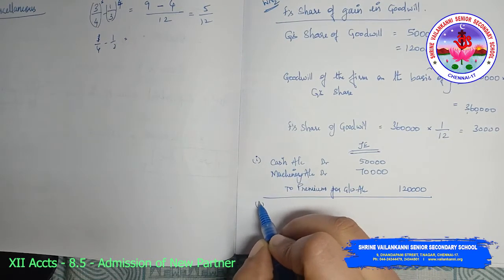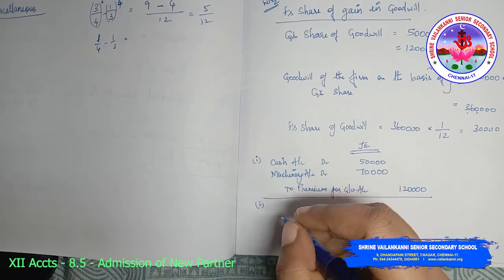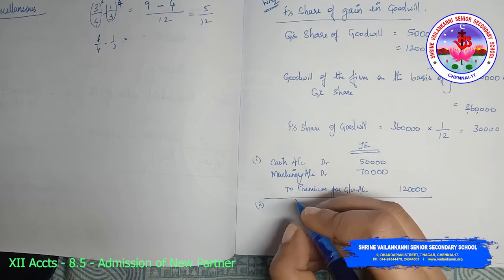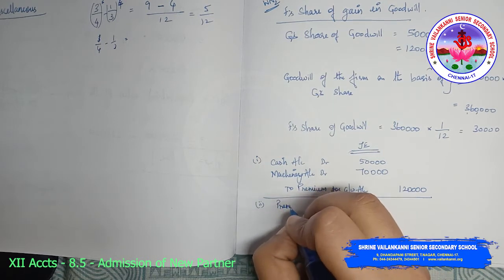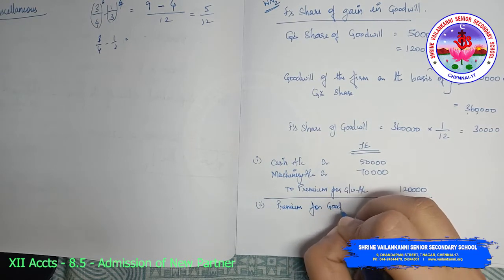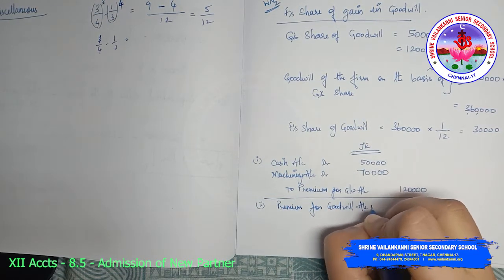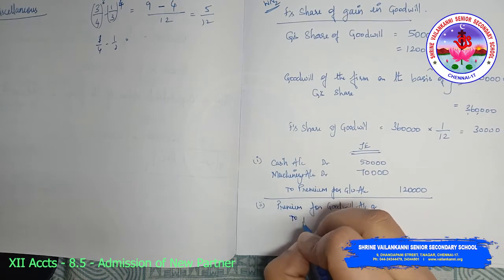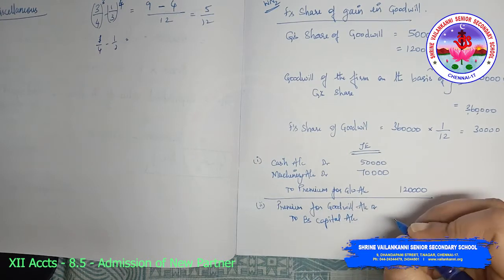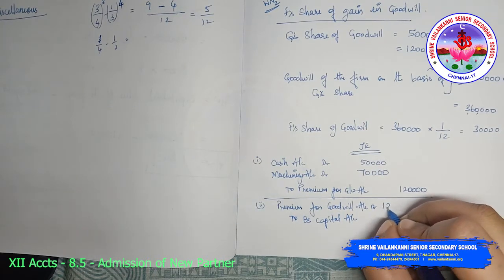The second entry is going to be premium for goodwill account debit to E's capital account, being G's share of goodwill transferred to E's capital account. Premium for goodwill account debit to E's capital account, because E is the only sacrificing partner.